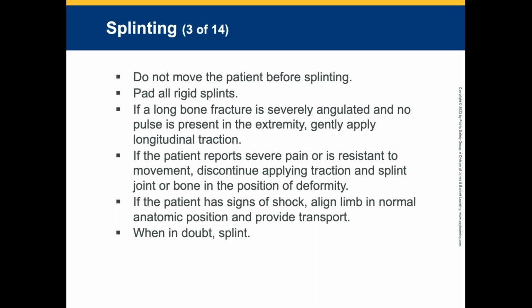Call them first and have them walk you through it. If the patient reports severe pain or is resistant to movement, discontinue applying traction and splint the joint or the bone in the position of deformity. Avoid covering the fingers and toes with a splint, and apply cold packs and elevate the splinted limb to minimize swelling.